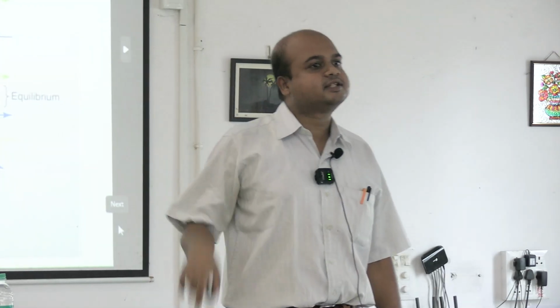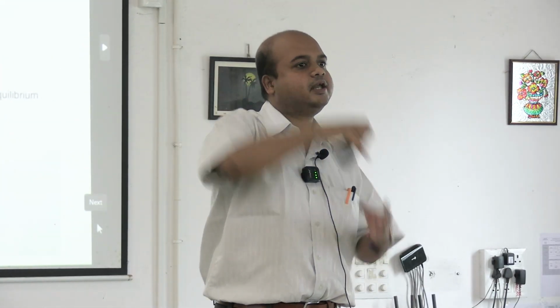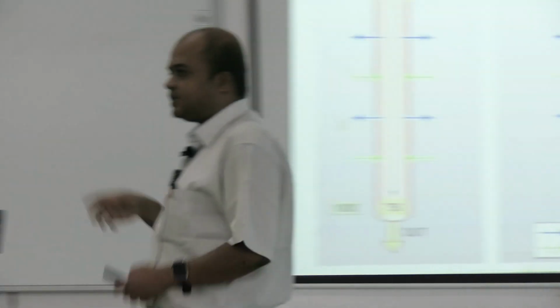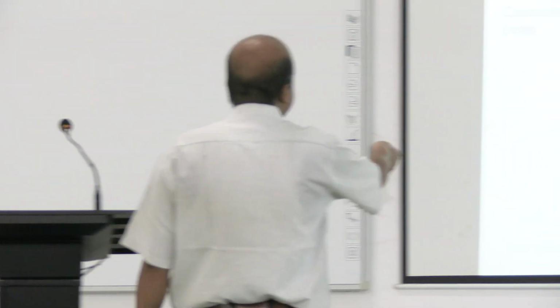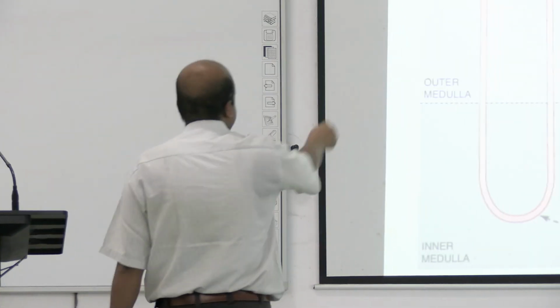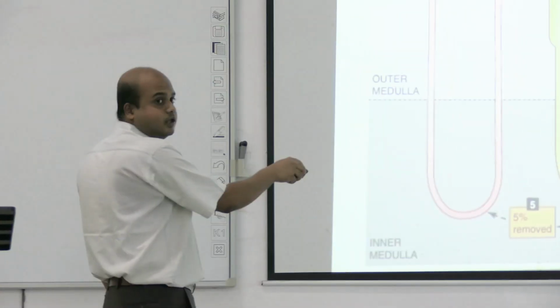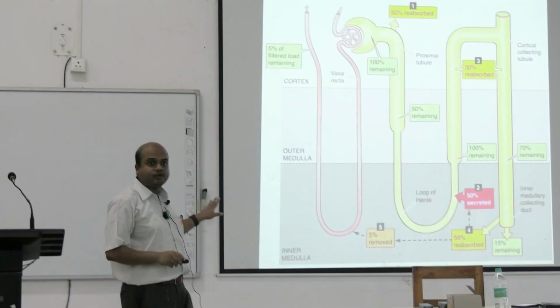If the Vasa recta is not looped like the loop of Henle, it will dissipate the medullary interstitium concentration. Vasa recta are straight tubules, but at some point they have to form the loop, even if not exactly at the same level.